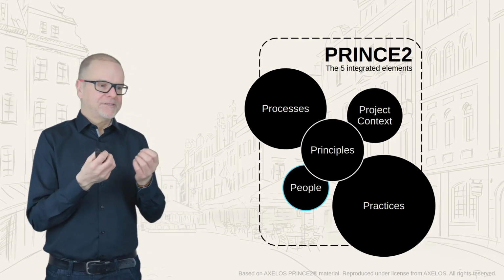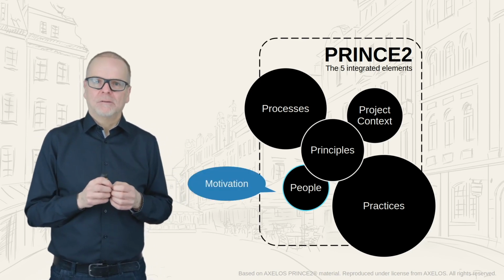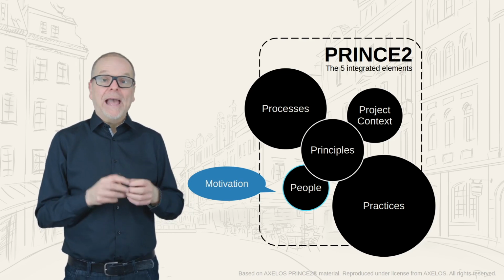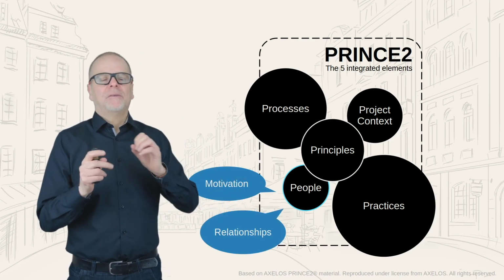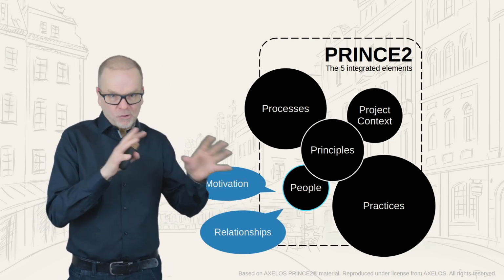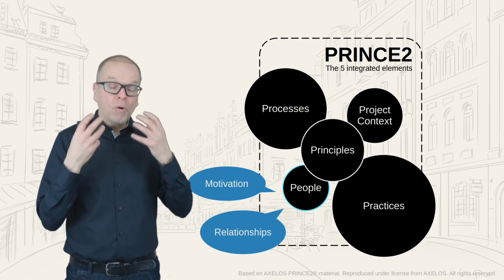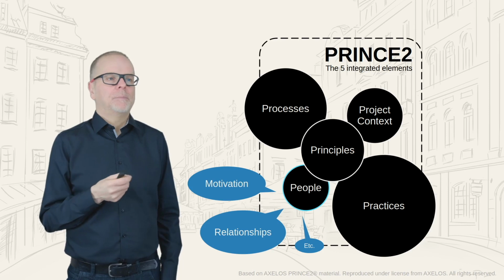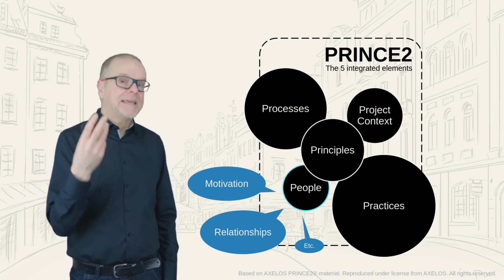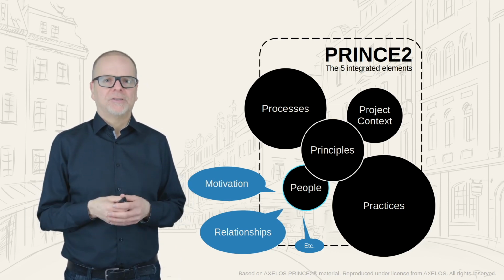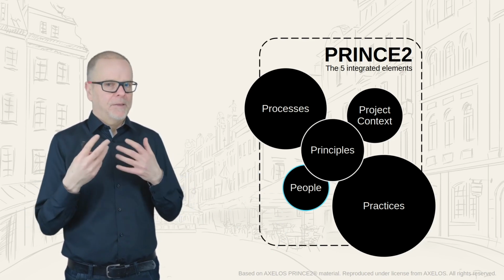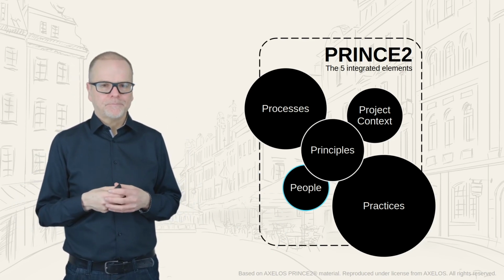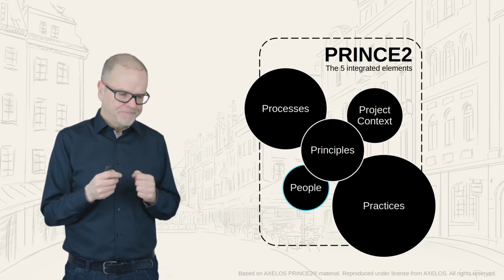So we must understand what their motivations are, what their requirements are, why they want to be involved in the project, and even the relationships between these groups of people as well. So those are all good things. And you will really see that people are a really key component of the project. So the better understanding the project manager has of this, the better for the project as well. So that's it for people.